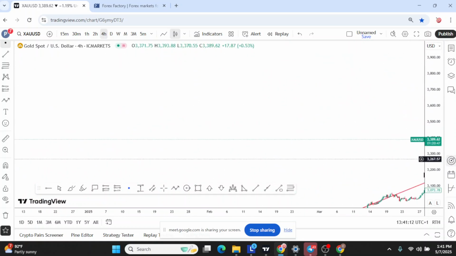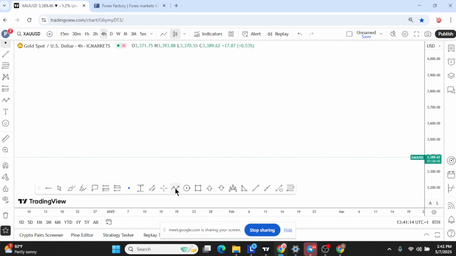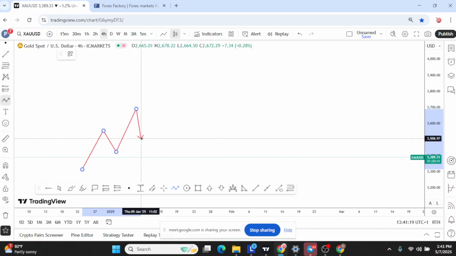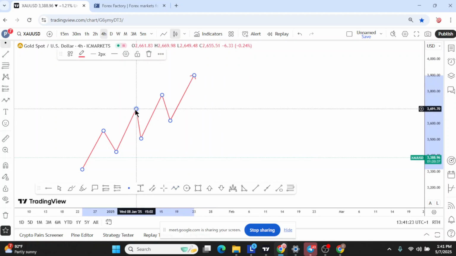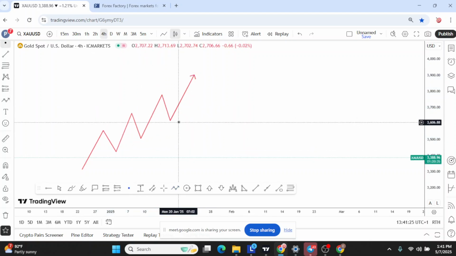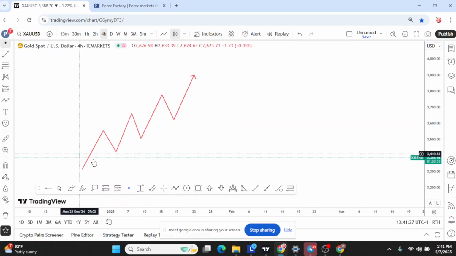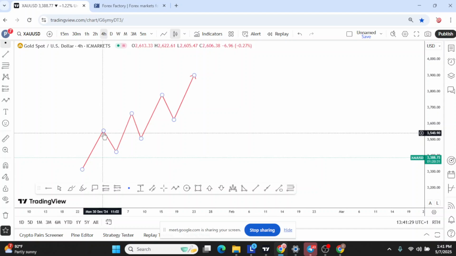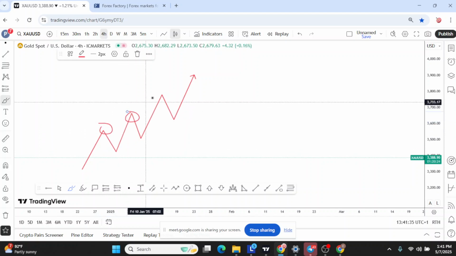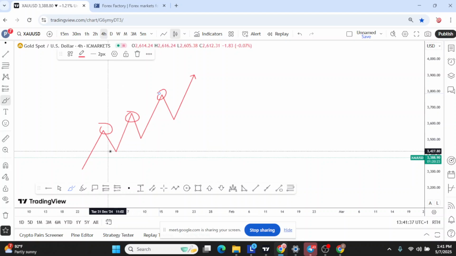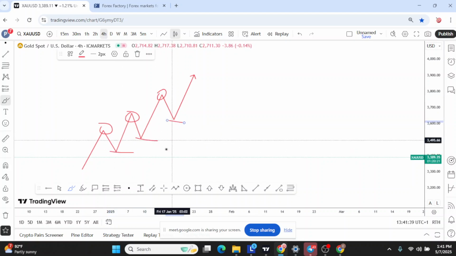So let me just recap that. What I've been saying so far is that we've been able to identify a bullish structure. Price will usually move in waves like this, all of these points are called our higher highs, and here is called our higher low.